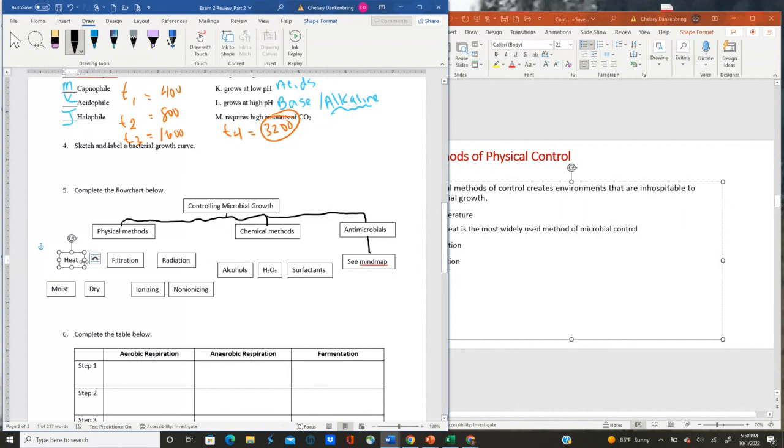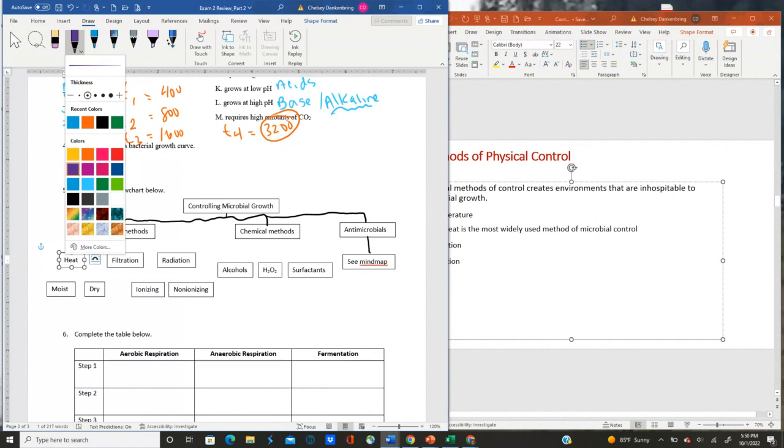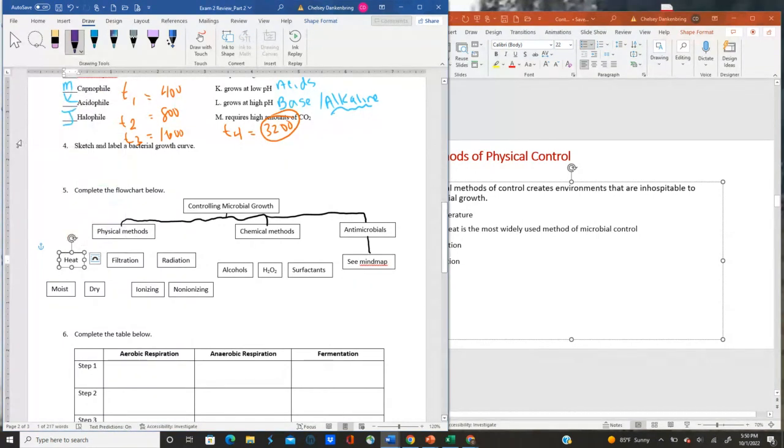So for physical methods, again, we're talking about the physical environment. Oops, whatever, I'll just get a purple. I just wanted that to go away. And so with the physical environment, here are the 3 that we talked about, and again, it's just on this PowerPoint slide. And then say, okay, well, with respect to heat, we talked about moist heat versus dry heat.